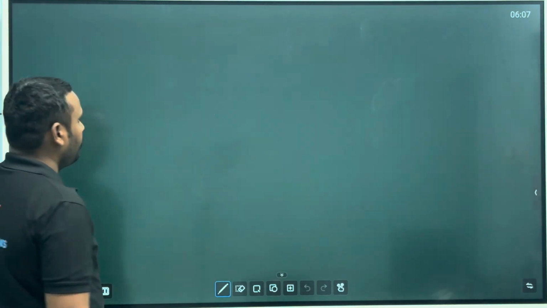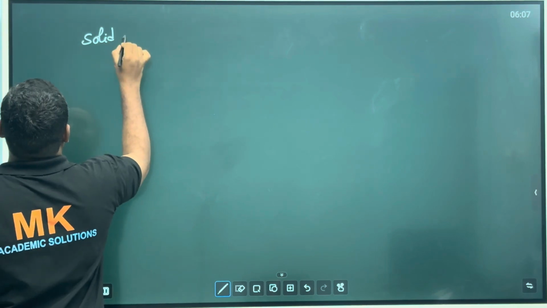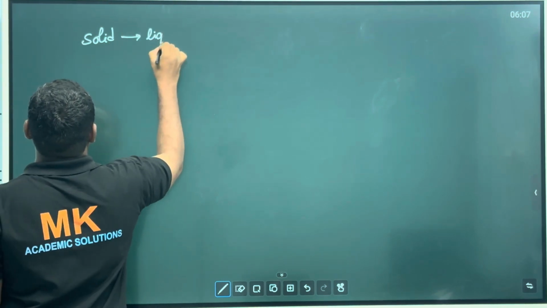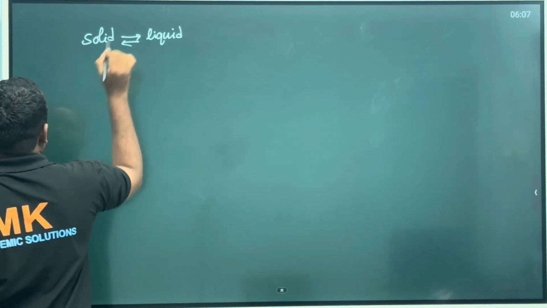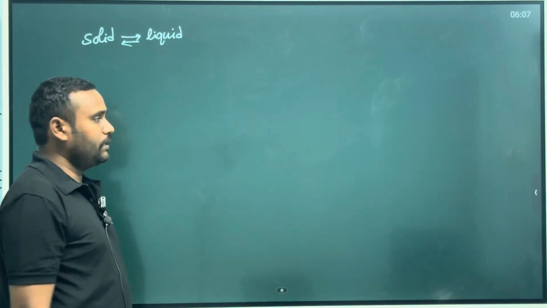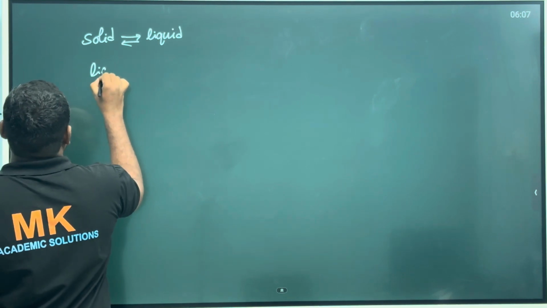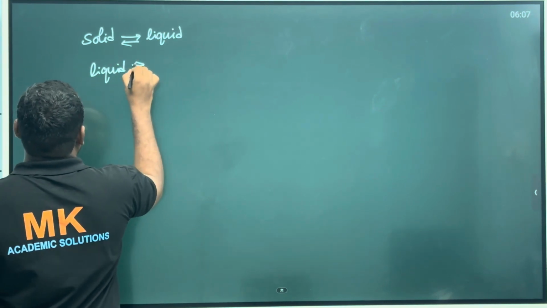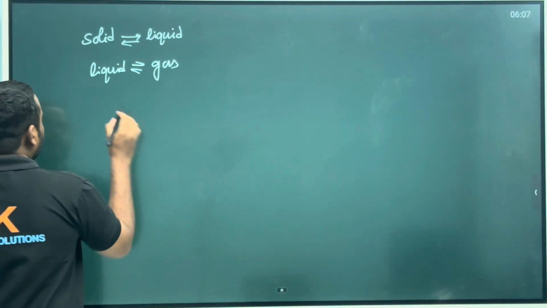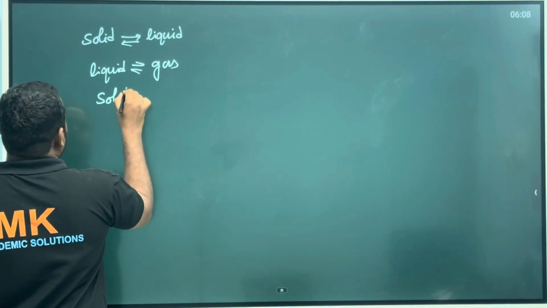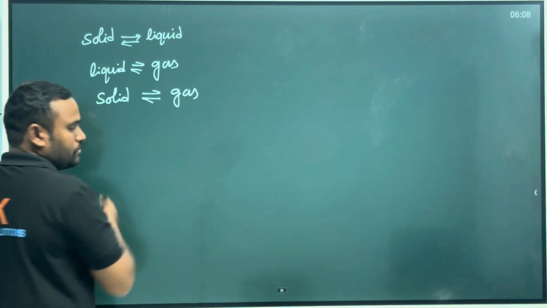See for example, here solid to liquid, and liquid to solid in a closed container, or you can take liquid to gas, or sometimes you can take sublimation also, solid to gas or gas to solid.